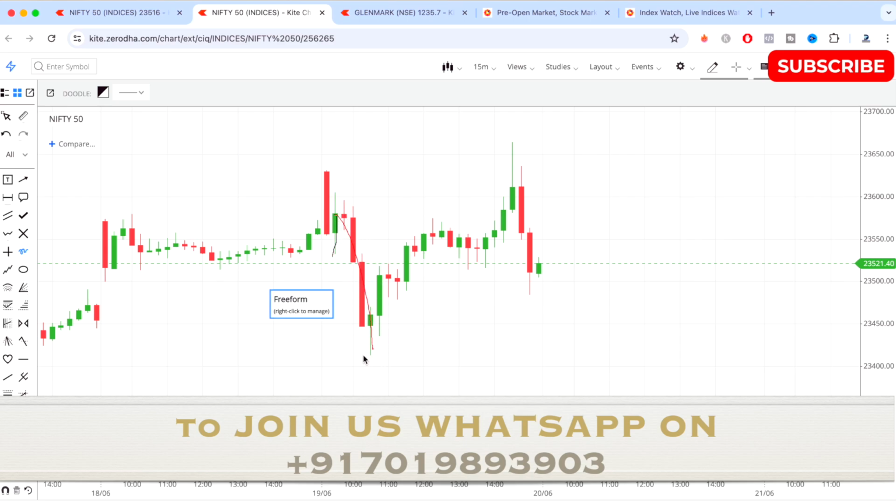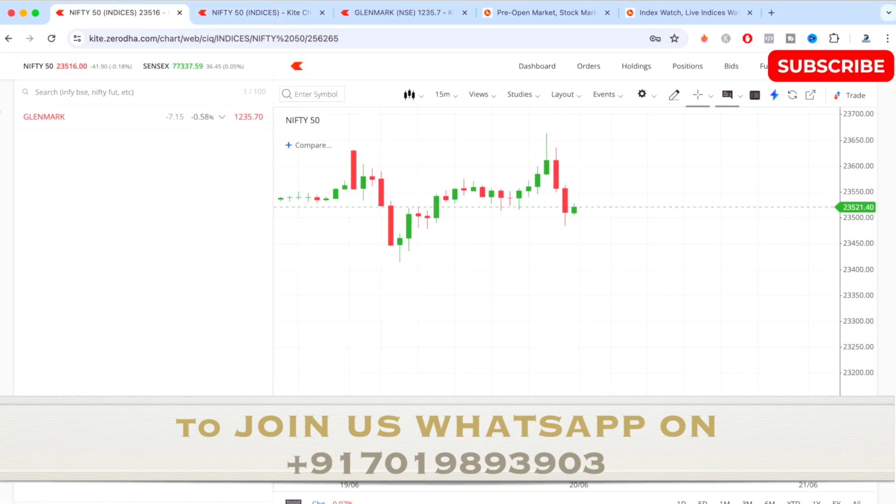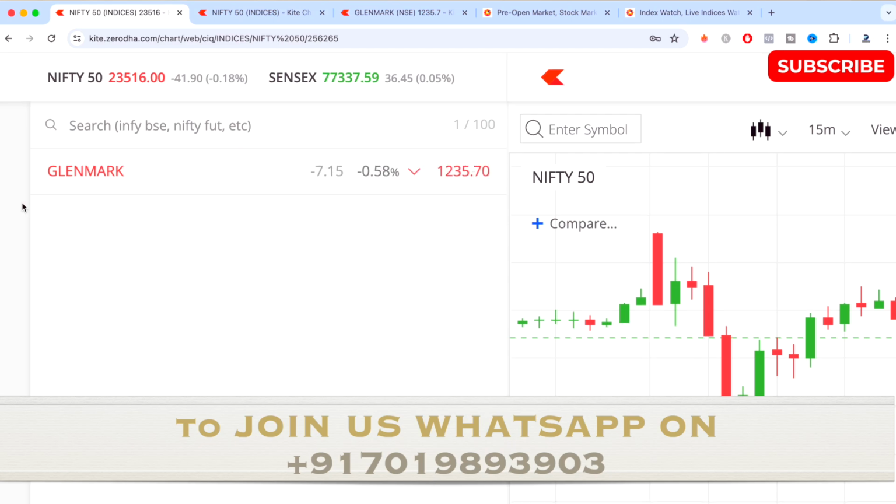At the opening, the market came down, and again the market took support and went up, and at the end of the day, the market came down again and closed below where it opened. The market has closed 0.18% down for the day.